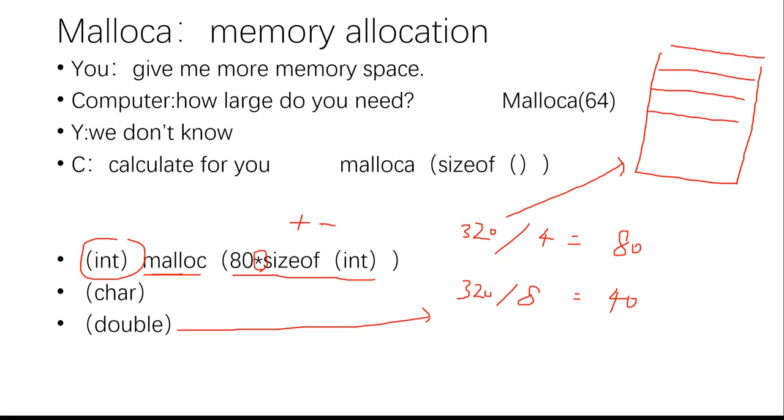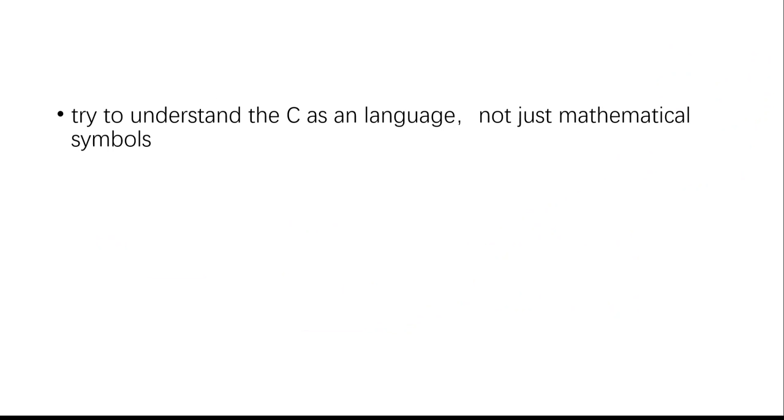The key point of this malloc example is to help you understand C as a language. Basically that's why we call it a language. It's the same as talking to each other, or to your classmates or your family.